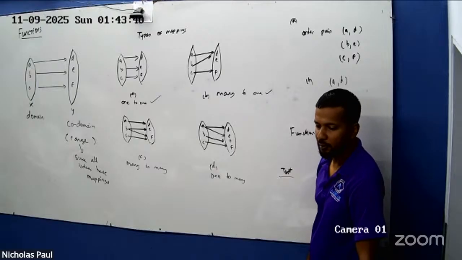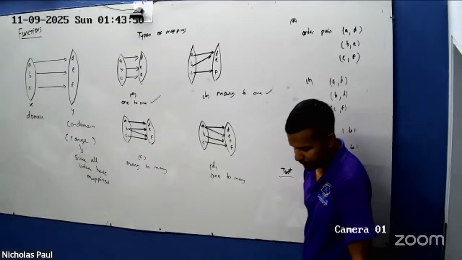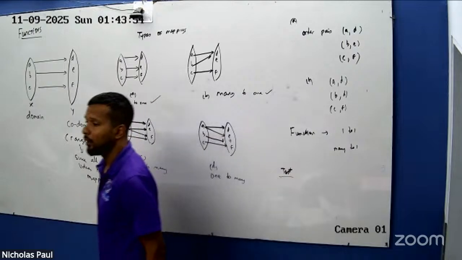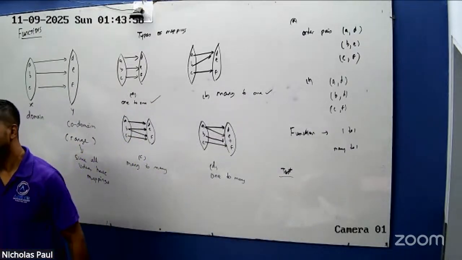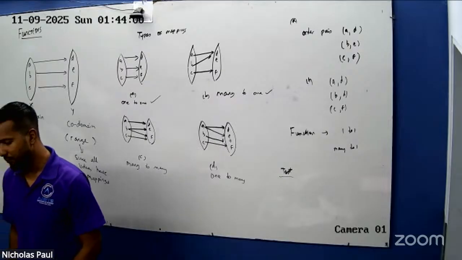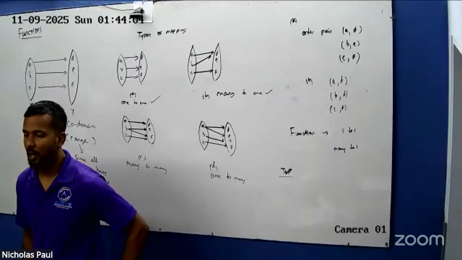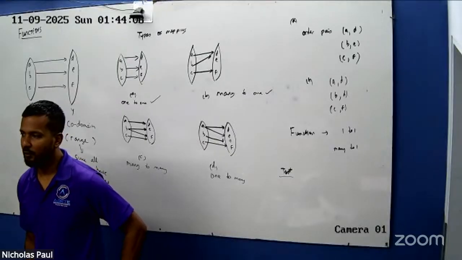First up, for it to be a function, the vertical line must cut the graph at how many points? 1 point.